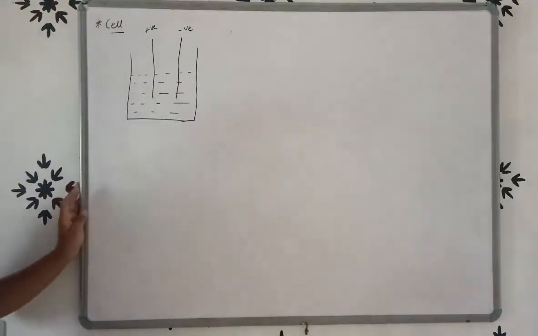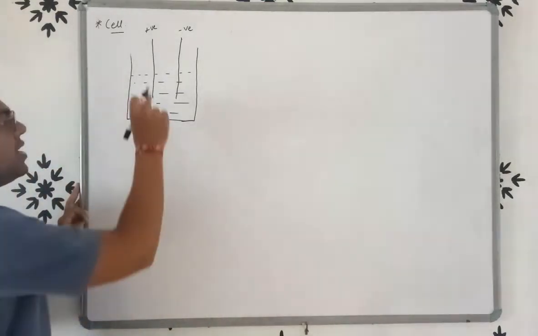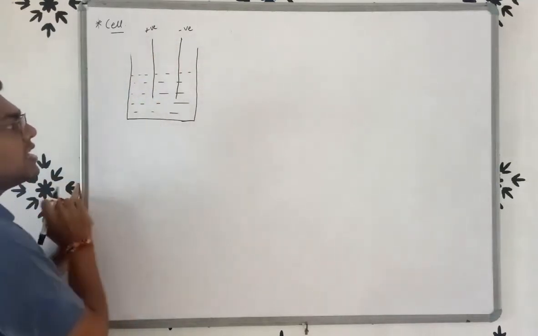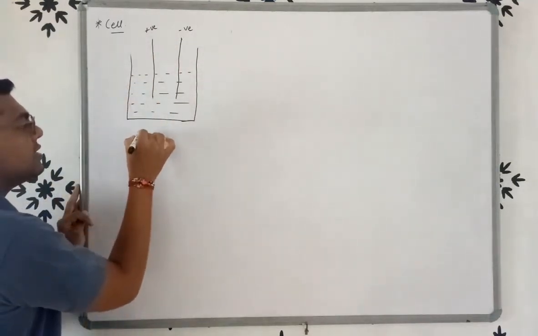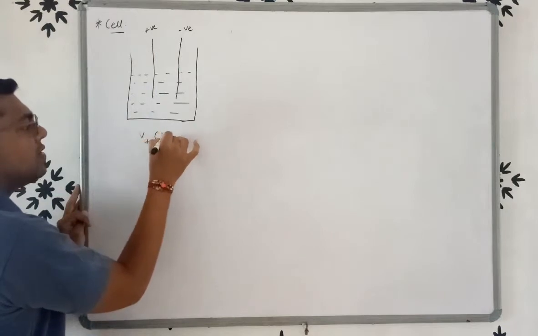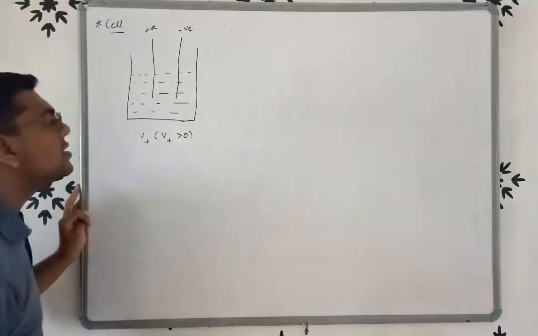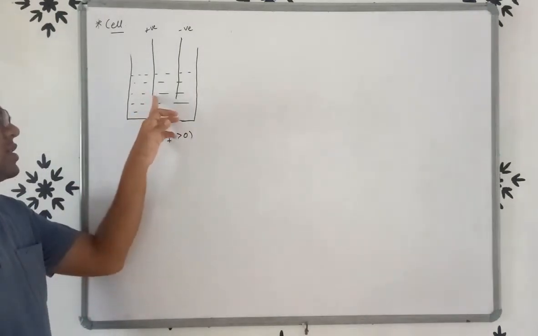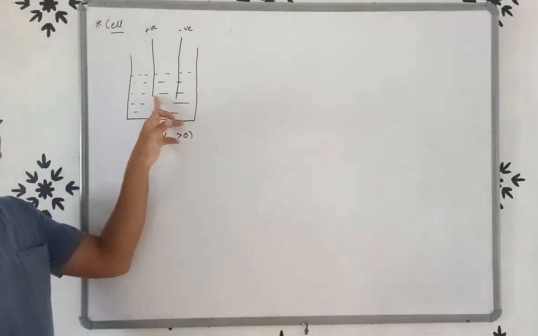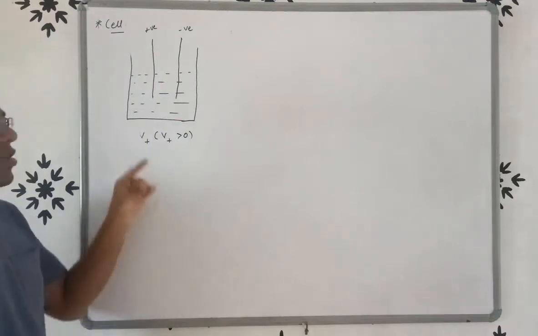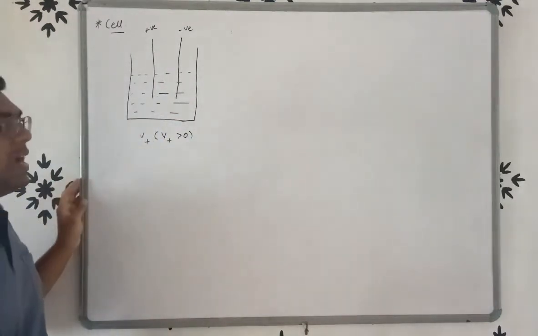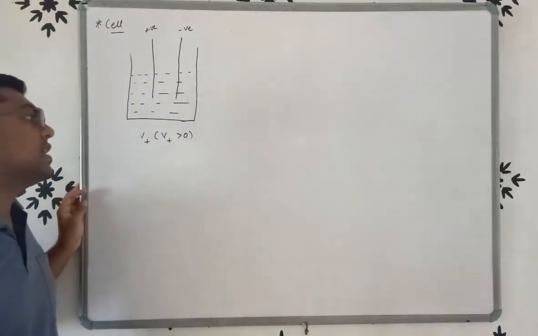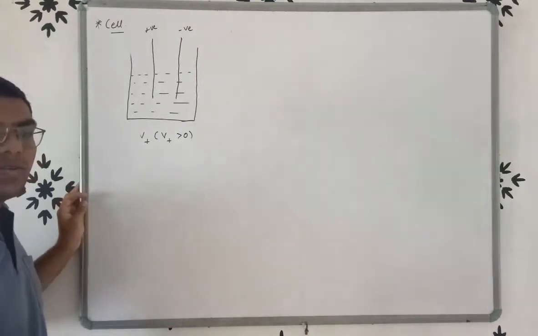Now here the potential difference between this positively charged electrode and electrolyte is V plus, and here V plus is greater than 0. I repeat once again, the potential difference between positively charged electrode and electrolyte is V plus, and V plus is greater than 0.